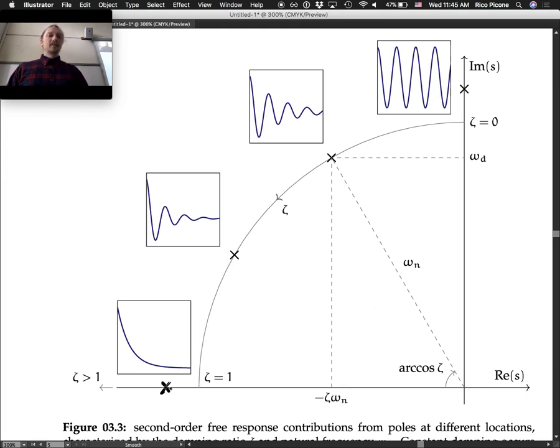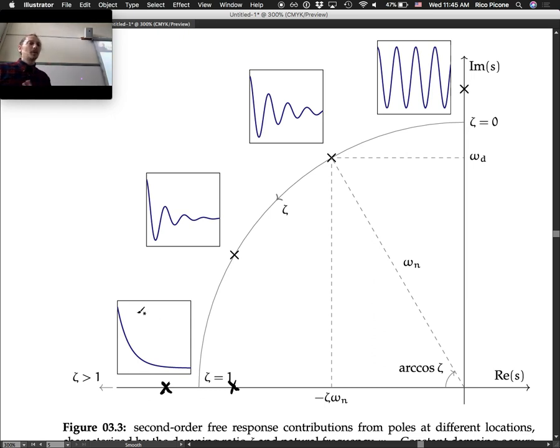So you've got this pole here on the real axis. It's a real pole. The system has to be symmetric about the vertical axis. If it's got one real pole, it's got to have two real poles, right? Because you can't have one that's out here. So if it's a second-order system, and one's on the real axis, the other one's got to be too. And it turns out that it's over here for this case.